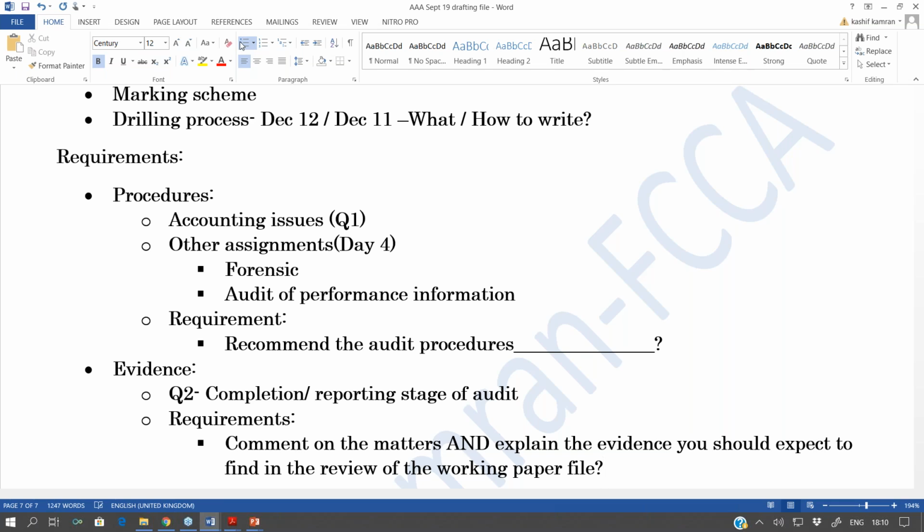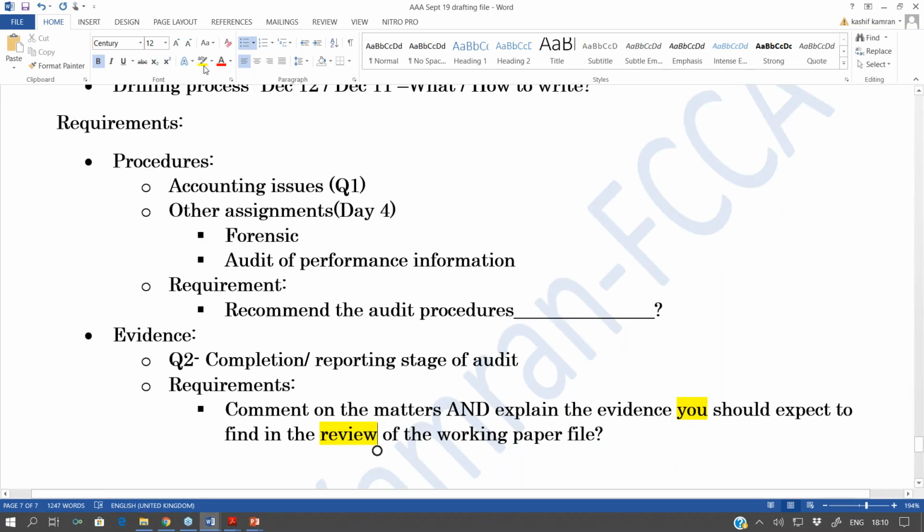So the question focus is on you being the manager and conducting the review, and what evidence you will expect to find when you are conducting a review of the working paper file. But with the requirement of evidence, there is another requirement which is asking for comment on the matters.